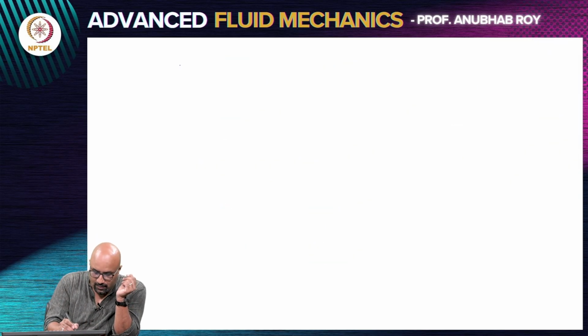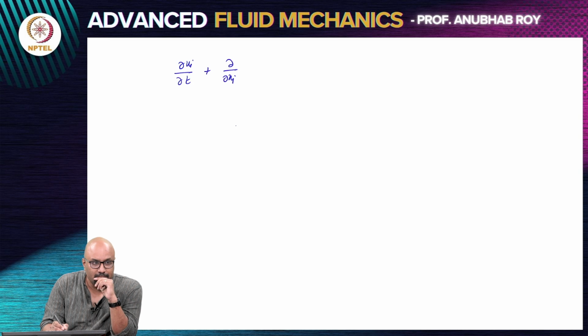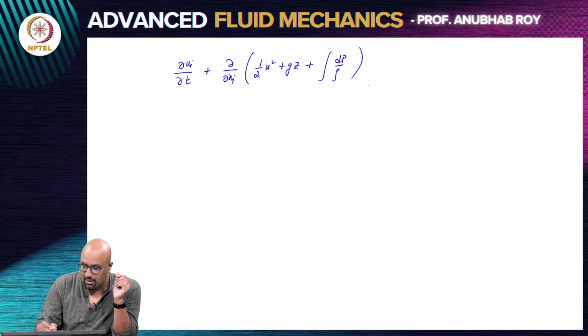So Euler's equation for a barotropic fluid can be written as ∂/∂x_i of half u squared plus gz plus the integral dP by rho is equal to epsilon_ijk u_j omega_k.